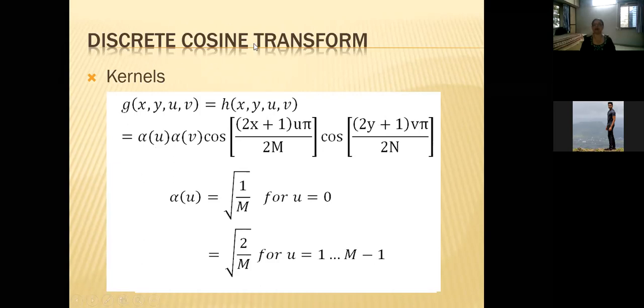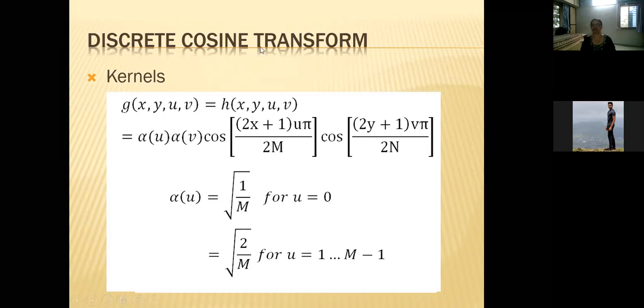Now, one important property of DCT is that its forward transformation kernel is exactly identical to its inverse transformation kernel. So h of x, y, u, v is also given by the same equation. This was not the case with the Fourier transform. In the Fourier transform, the forward transformation kernel was e raised to minus j theta, and the inverse transformation kernel was e raised to plus j theta.